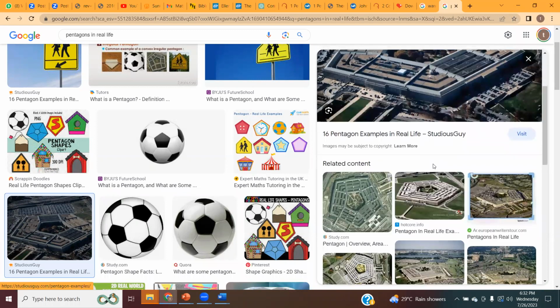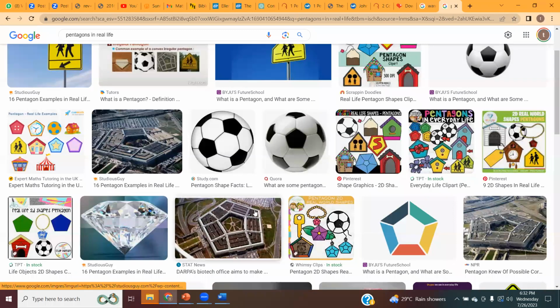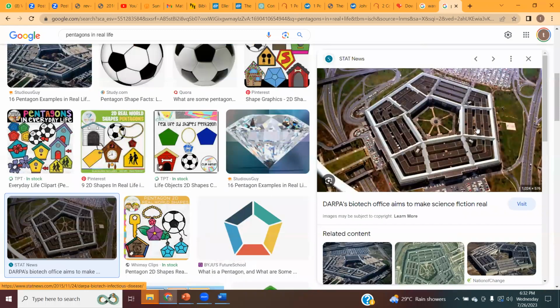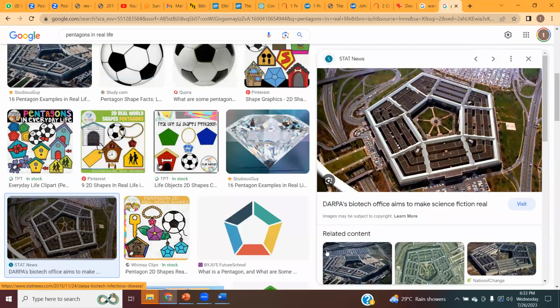That is so cool. This is amazing architecture. So that's a pentagon.